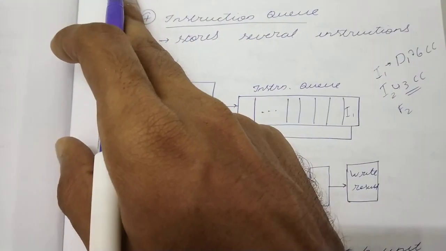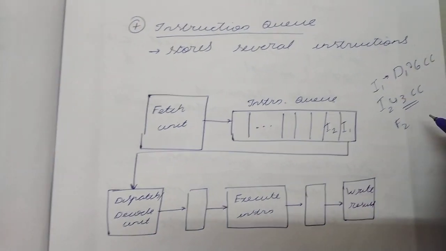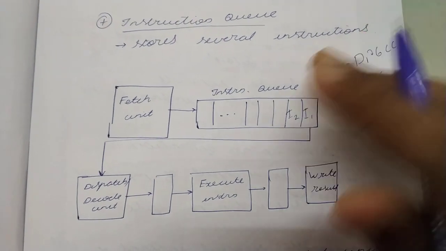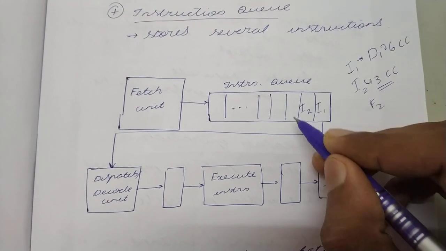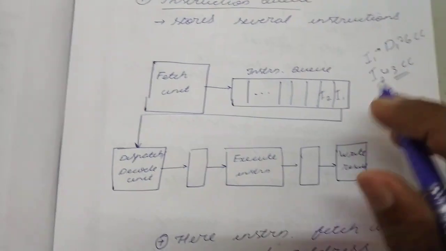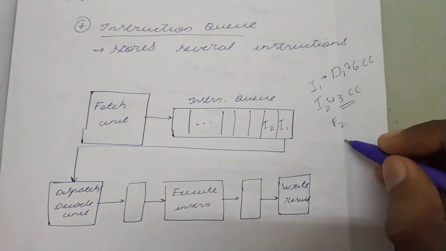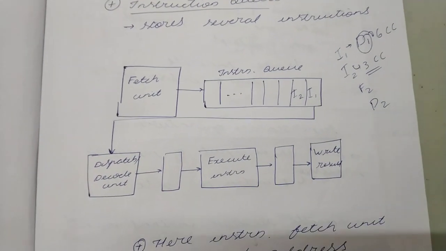It will go to the RAM, get I2, and it will be loaded here. So by the time the D1 is completed after 6 clock cycles, I2 is already available here. It can directly be taken by the decode, and D2 can happen immediately after D1.